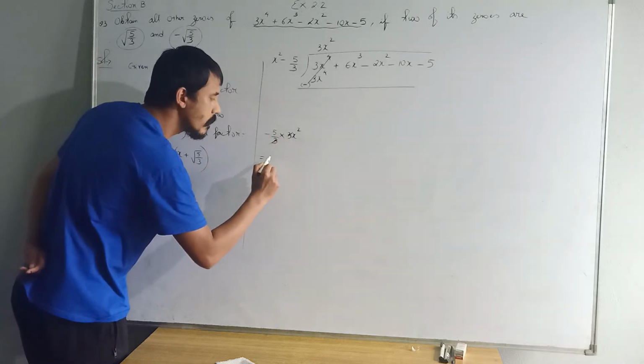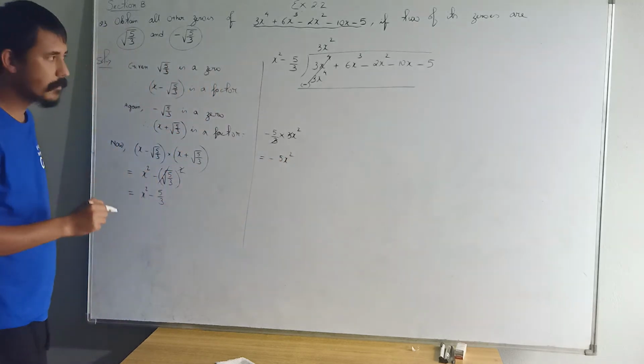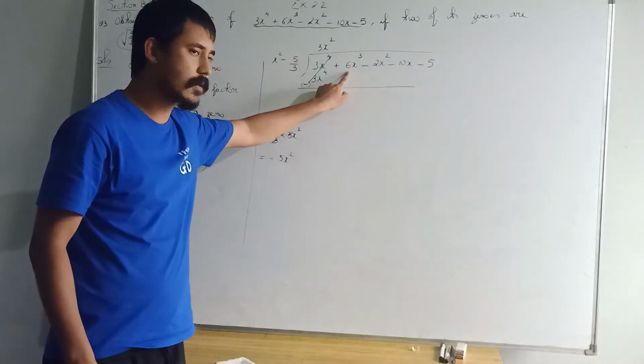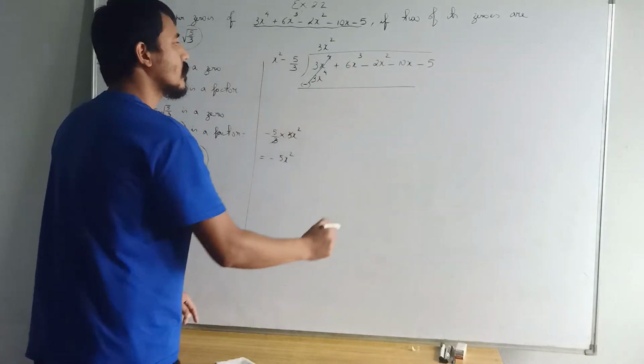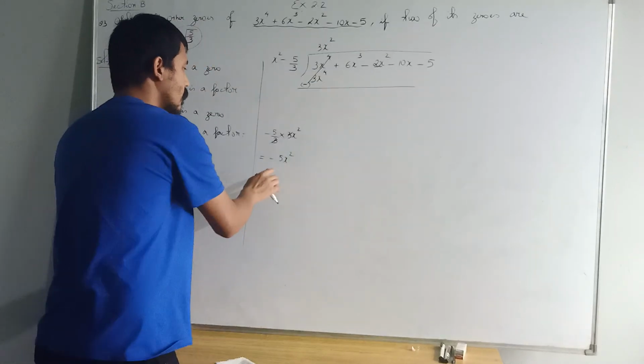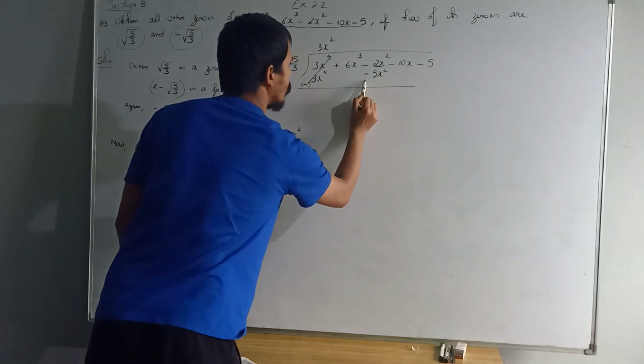So what do we get? Minus 5x squared. Alright? So the product of these terms gives you minus 5x squared. I cannot write below this term because this is the term containing x cubed. So I need to write below this term because they are like terms now. So minus 5x squared. Make it positive.